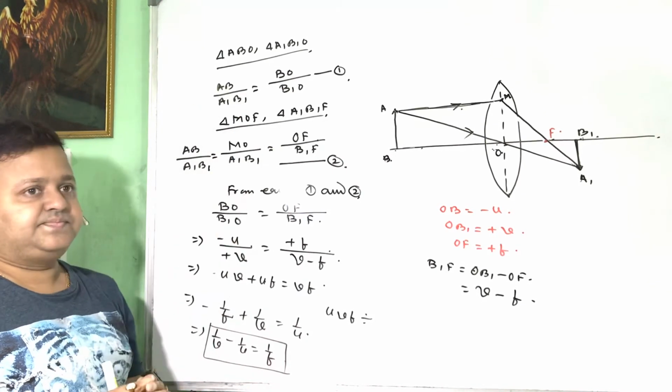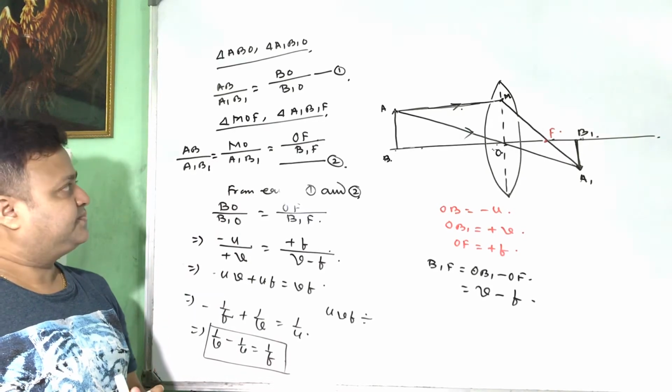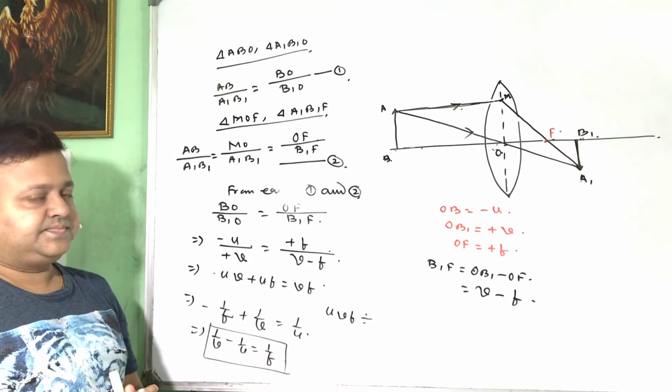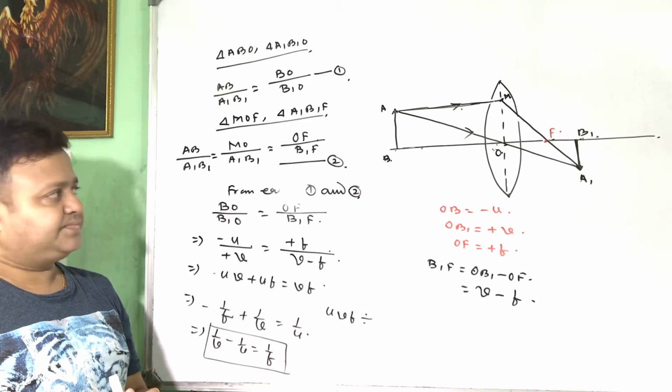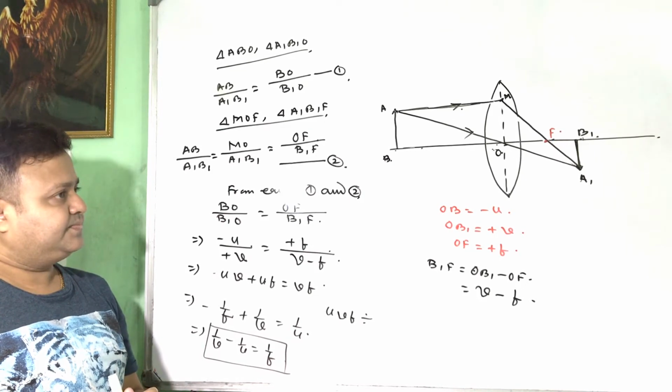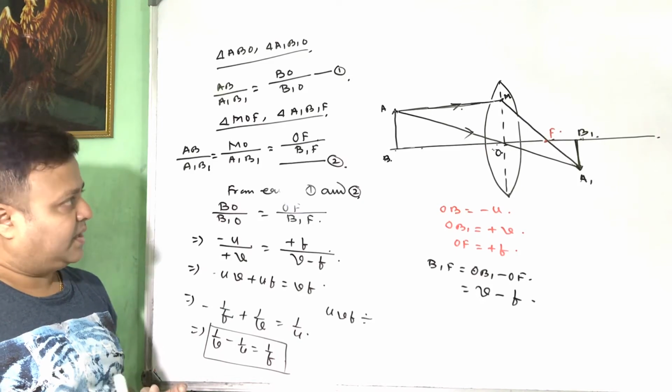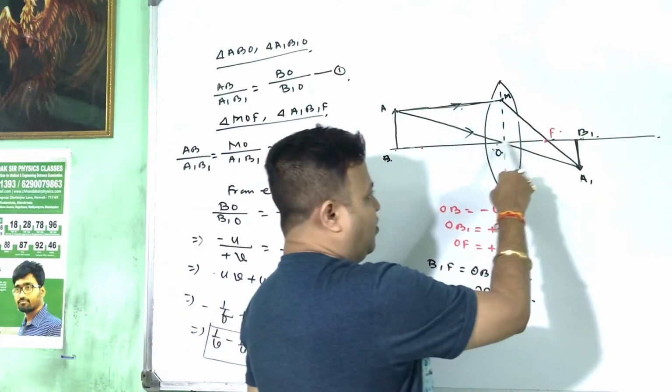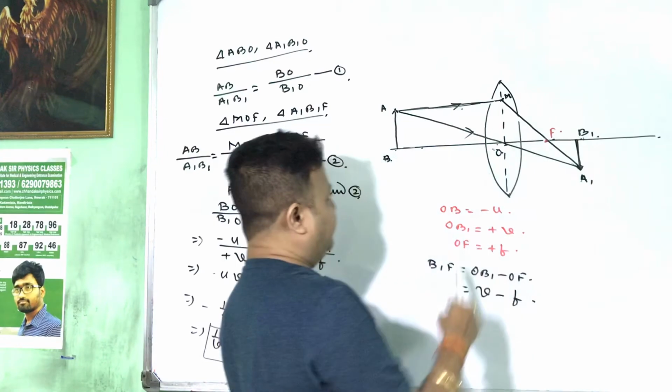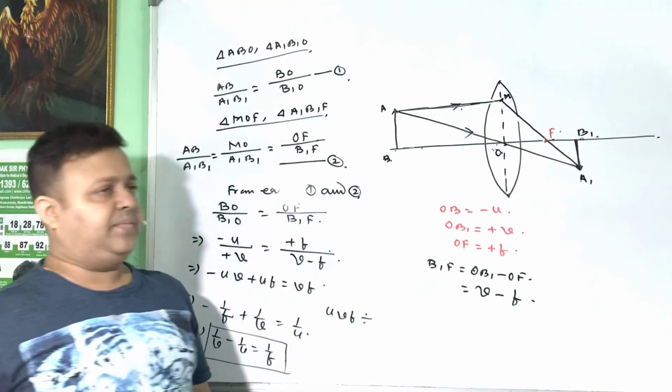This one. Now similar triangles MOF and A1B1F.